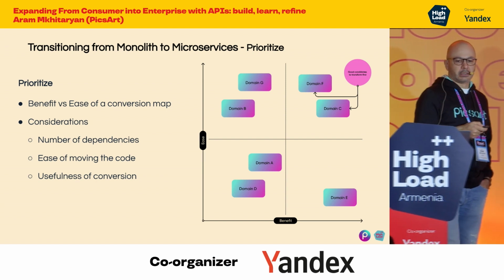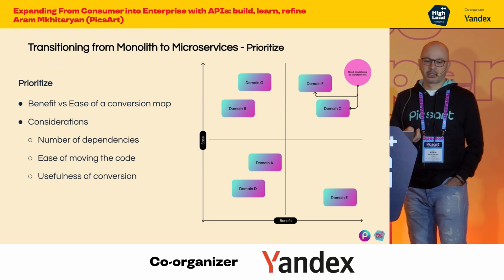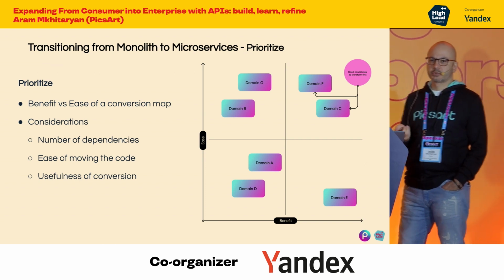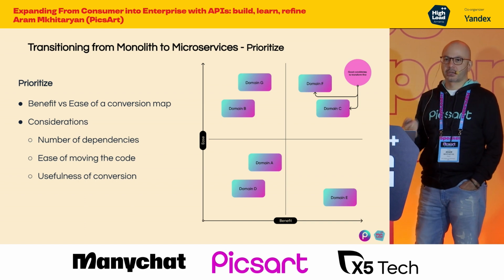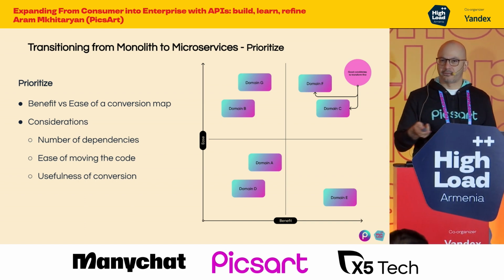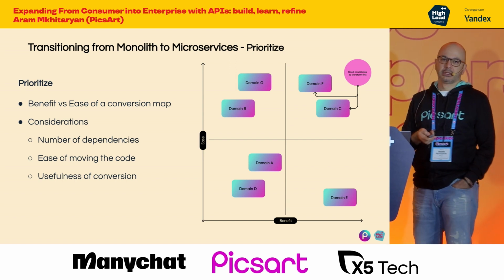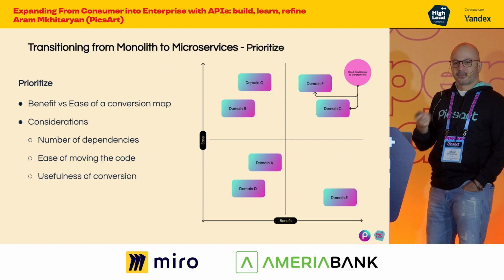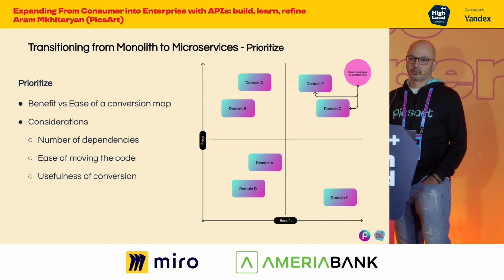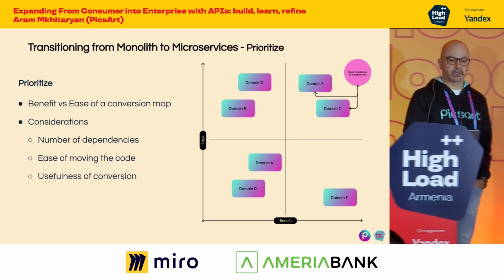Well, you are also considering the number of upstream and downstream dependencies, how easy it is to move the code. So if the time to market is too high, maybe you shouldn't consider it, especially if it's not going to change that frequently. There are some services like that. So you add the flexibility to those that you will be releasing every week. At the same time, you don't touch those that will not change for a year.